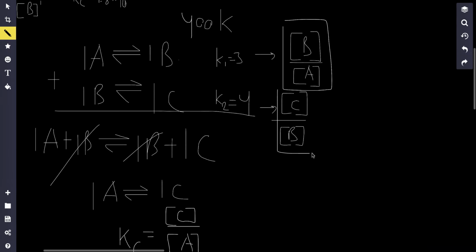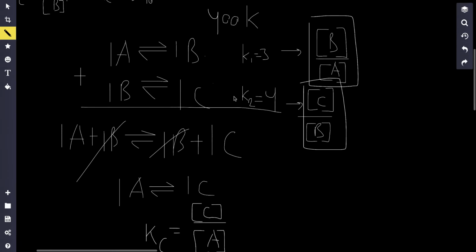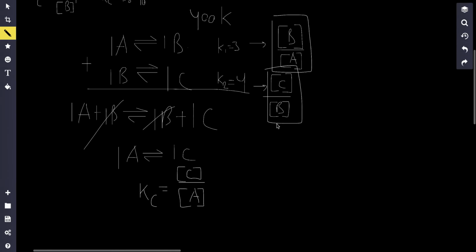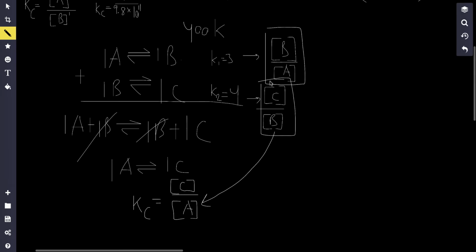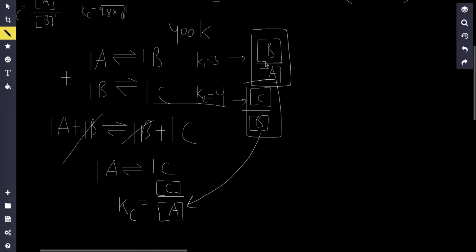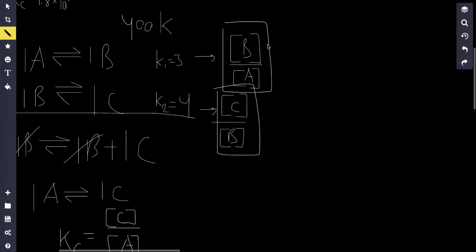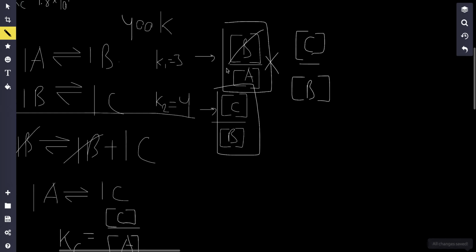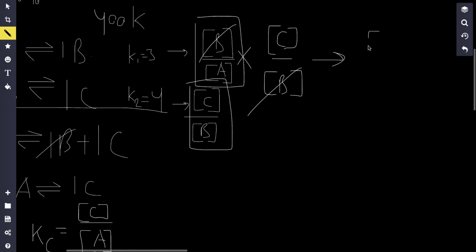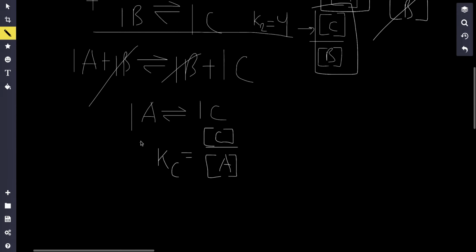And for the second reaction, it's the concentration of C over the concentration of B. Notice how if I want to get from these two equilibrium constants to this final equilibrium constant, I just have to multiply these two together, right? Because the concentration of B divided by the concentration of A, multiplied by the concentration of C over the concentration of B, the concentration of B cancels out. I just get the concentration of C over the concentration of A, and that's the equilibrium constant for this final value.